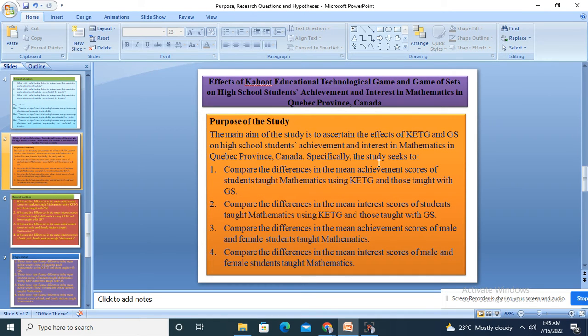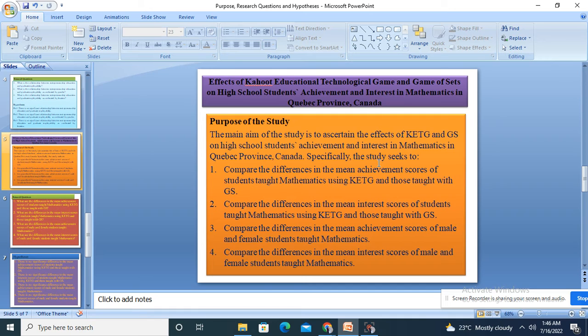Effect of Kahoot, you will see that this is having two independent variables and two dependent variables. What are the two dependent variables this study is having? Achievement and interest. And the two independent variables that this study is having are Kahoot educational technological game and what? Game of set. Remember that I said in my first class that any two instructional materials or technology you want to compare together must have some similarities and differences.